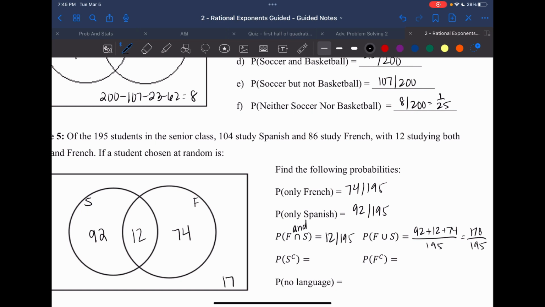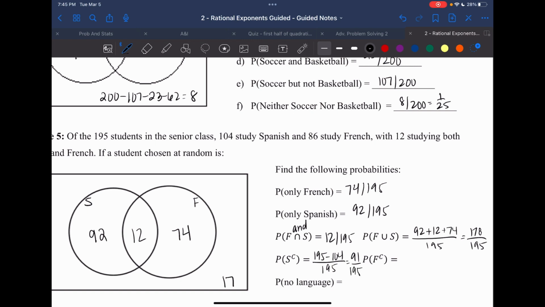Probability of the complement of Spanish, which means everyone except for Spanish. So that'd be 195 minus Spanish is 92 and 12, which we know is 104 from earlier, is 91 out of 195.